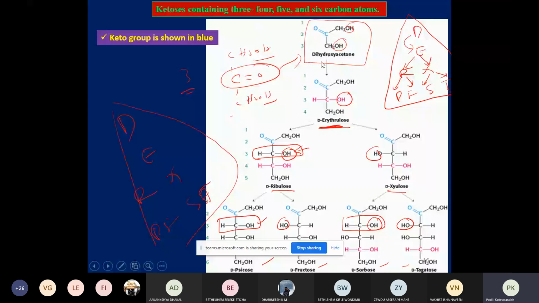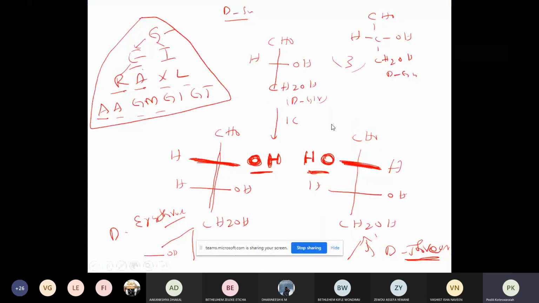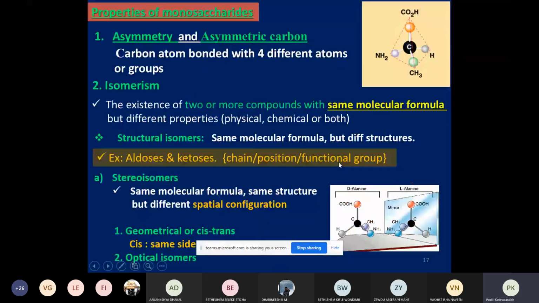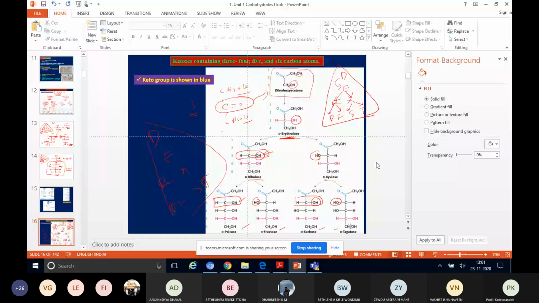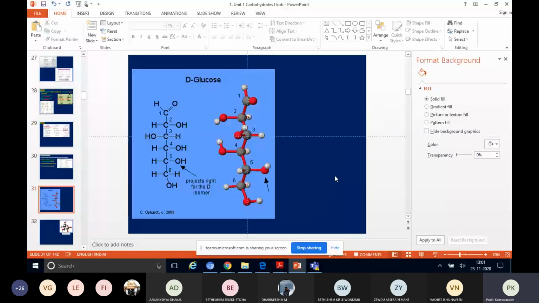The only thing is, for writing the aldoses, you should know the D-glyceraldehyde structure, and for writing the ketoses, you should know the dihydroxyacetone structure, such that you can write the aldose family or the ketose family sugars without memorizing. So this is the way we need to write the structure of the monosaccharides. I think in the afternoon class we will discuss the cyclization of sugars. I think it is already 1 o'clock.